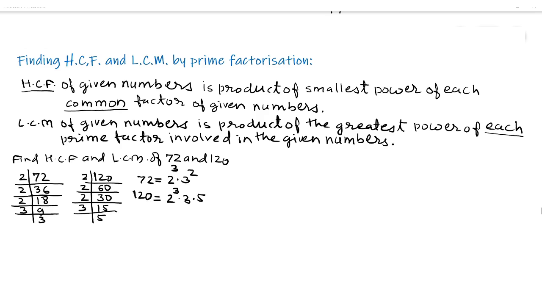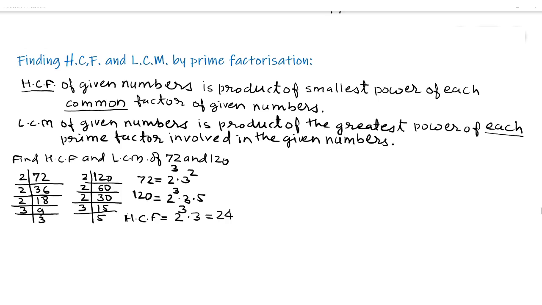So in HCF we will be having 2 to the power 3, and again one has 3 to the power 2 and other is having 3 to the power 1. So we will be having the smallest power. So this is 2 to the power 3 into 3 to the power 1, or 3. This is our HCF. This is equal to 24. So 24 is the HCF of 72 and 120.